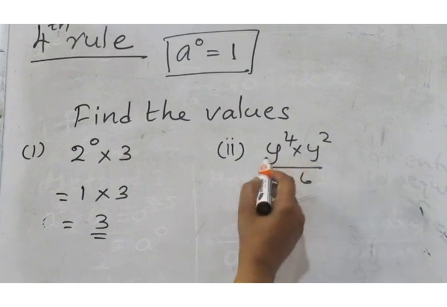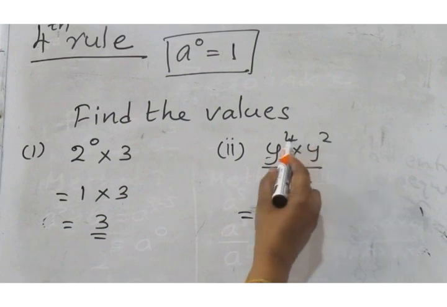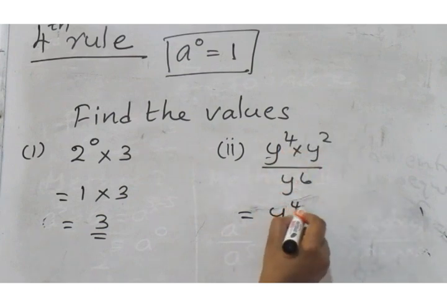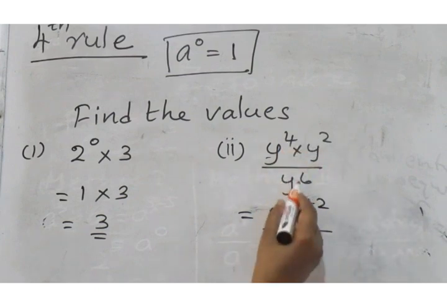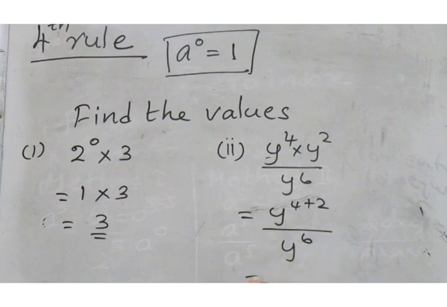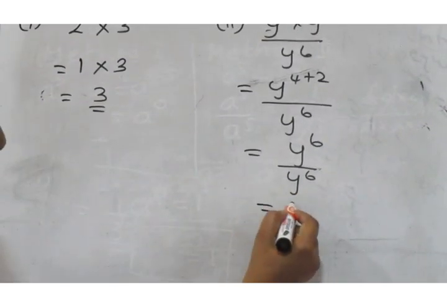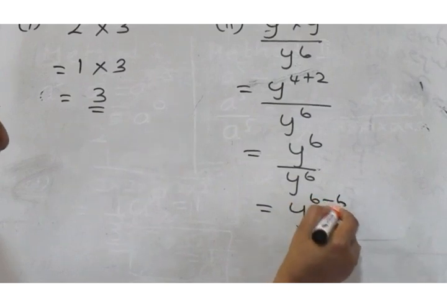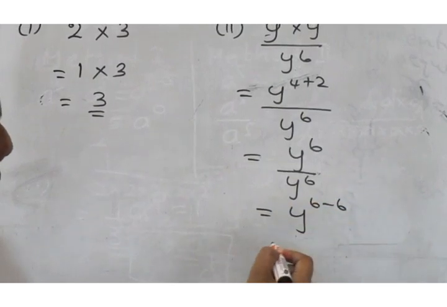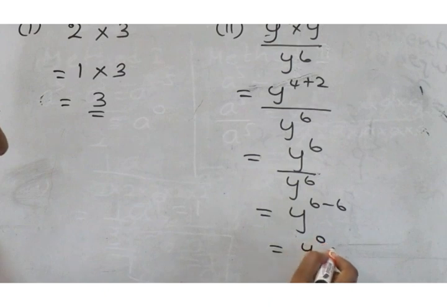Now see the second example. Here the numerator is a product of two equal powers. Then using the first rule, take the sum of two indices, divided by y to the power 6. Then 4 plus 2 is y to the power 6. y to the power 6 over y to the power 6. Here using the second rule, 6 minus 6, the answer is y to the power 0.